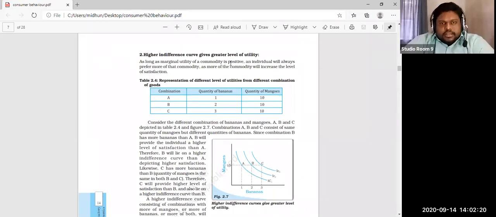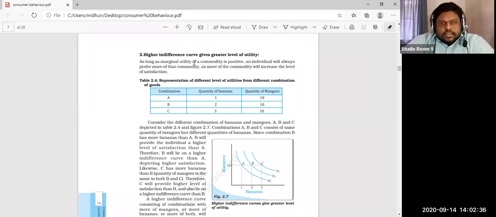As long as the marginal utility of a commodity is positive, an individual will always prefer more of that commodity. We already studied that if you purchase more of a product, marginal utility will diminish.